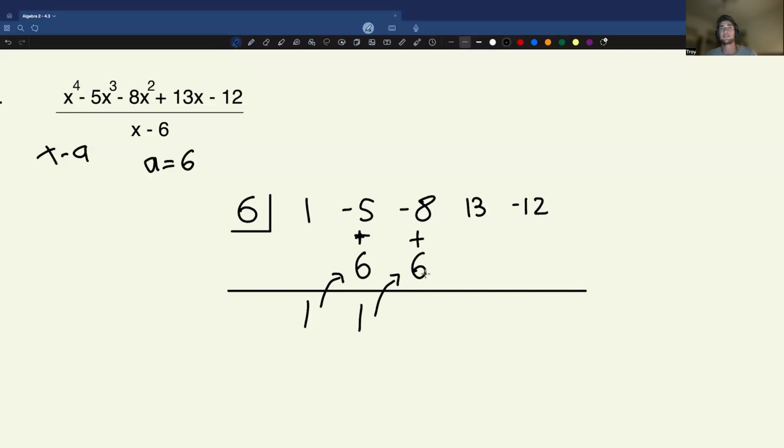Negative 8 plus 6 is negative 2. Negative 2 times 6 is negative 12. Add these together. 13 plus negative 12 is positive 1. 6, because 6 times 1. Add these, boom, negative 12 plus positive 6. That's going to be negative 6.